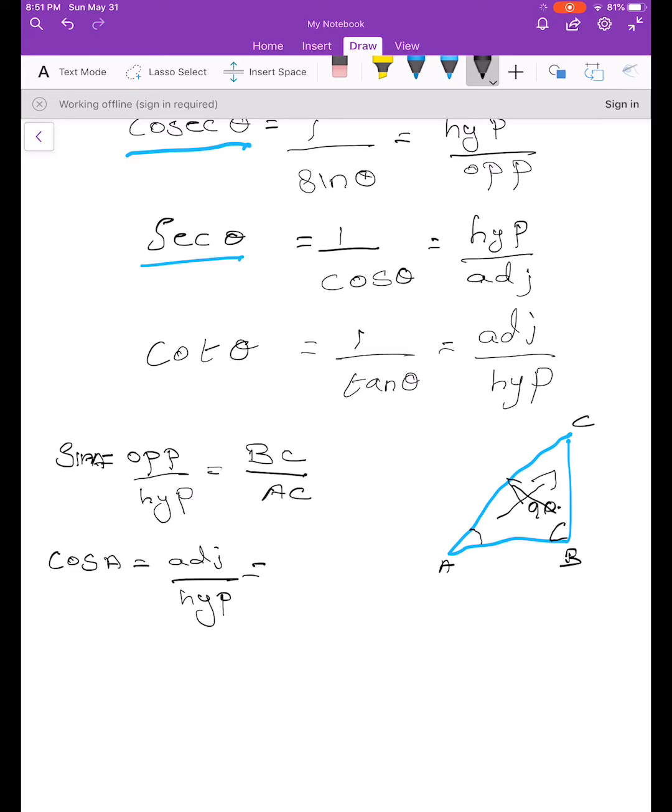Adjacent means the other side, that is your AB. In our case, AB, hypotenuse is not going to change, that is AC. Tan A, opposite by adjacent, that is equal to BC by AB.